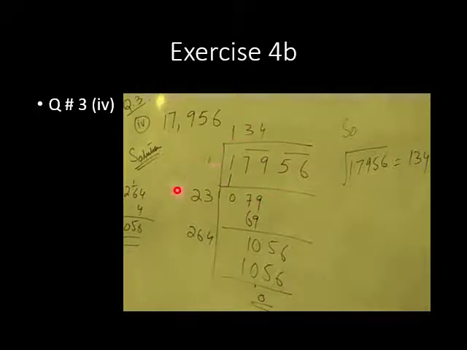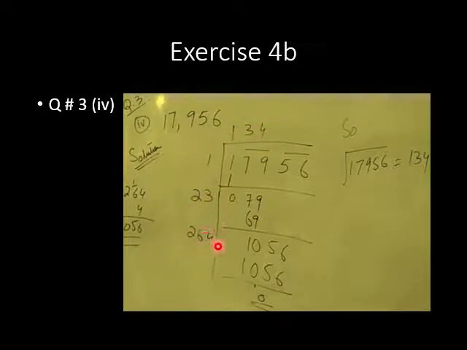1 and 1 are added here, then it makes 2. Then we write 3 here and multiply, 23 multiplied by 3, then we will get 69. 2 will be written here as it is. Now we will add 3 and 3, it becomes 26.